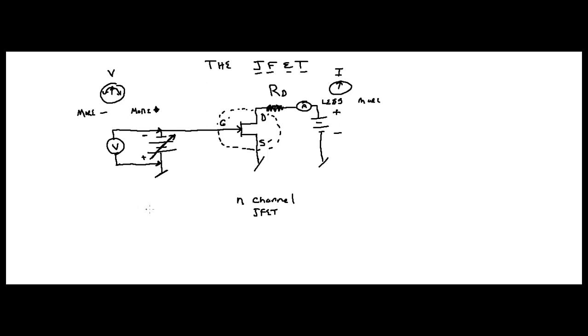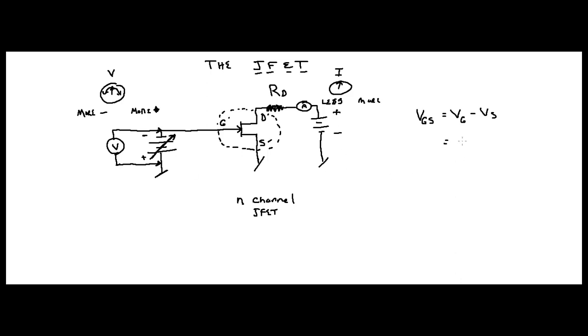You need to know what VGS means. VGS, okay? So VGS, obviously the G stands for gate and the S stands for source, right? So that's going to equal VG minus VS. In this case, your voltage is going to be negative, right? Because you have a negative power supply here.